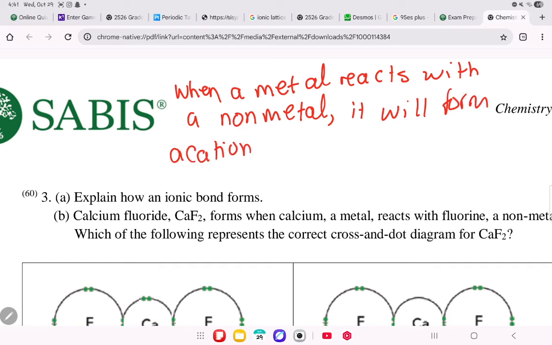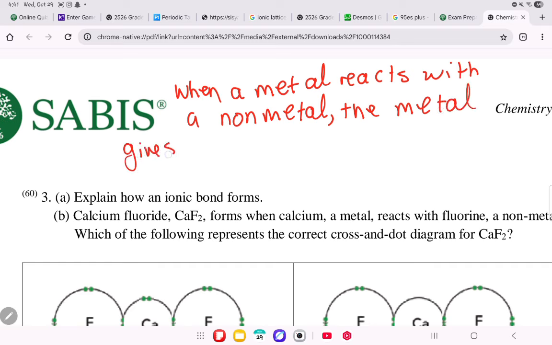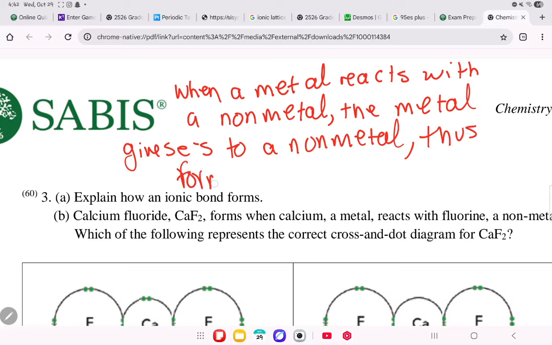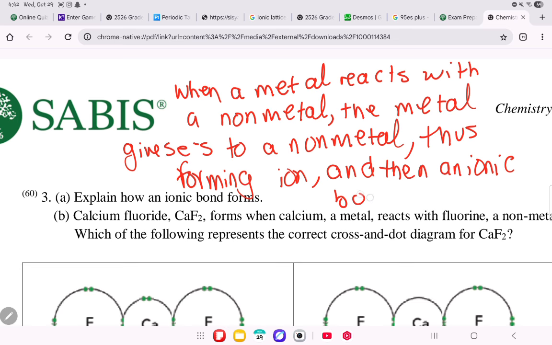Let me say it in a different form: the metal gives electrons to a non-metal, thus forming ions, which are the anion and the cation, and then an ionic bond. Okay, so this is how we explain ionic bonding.